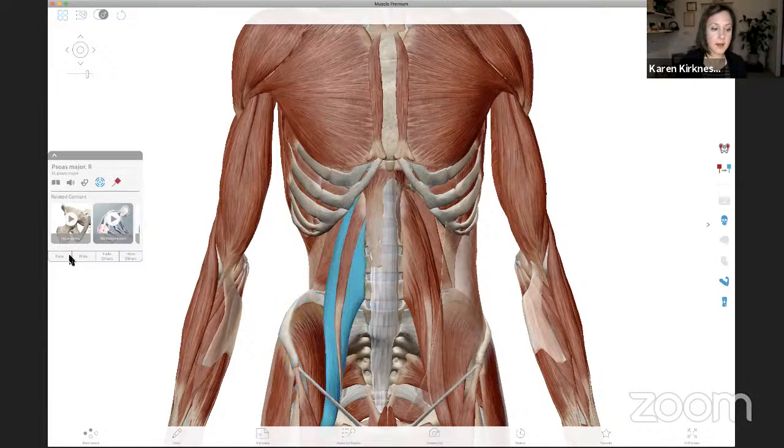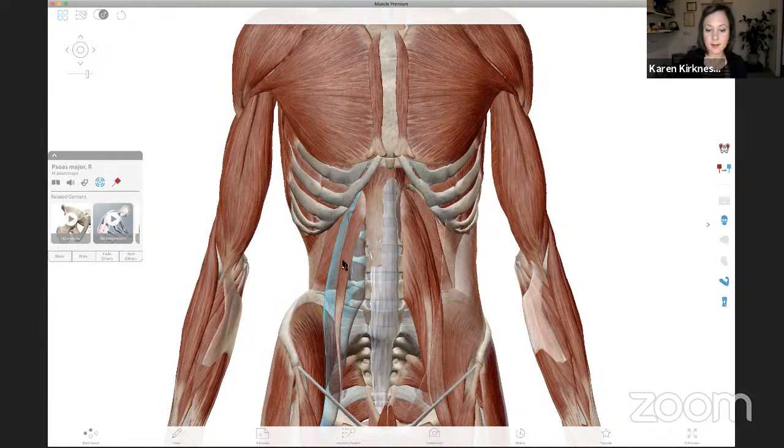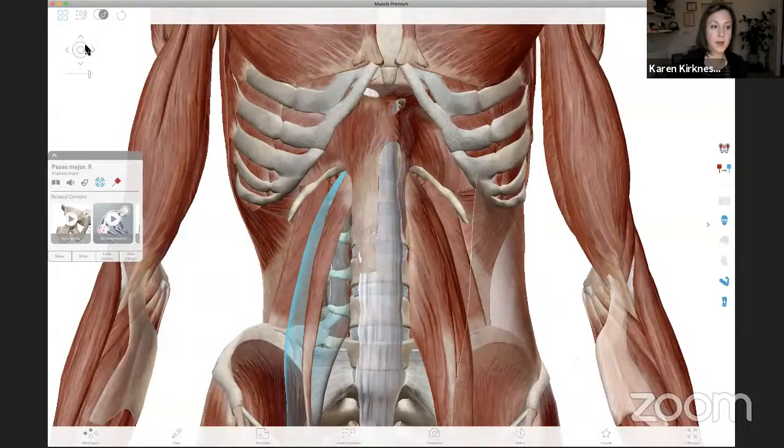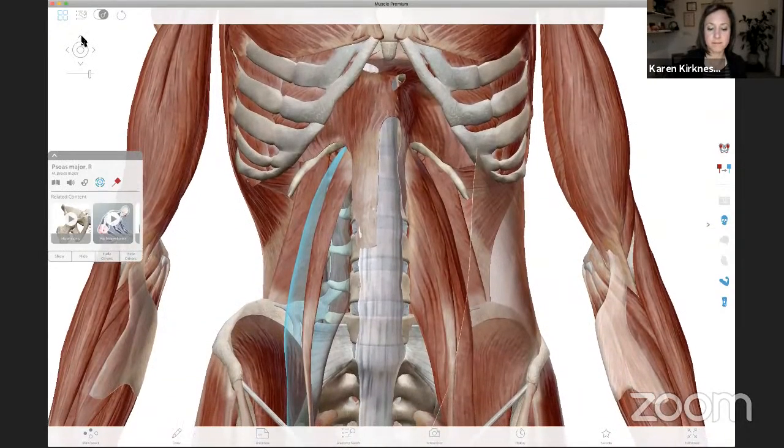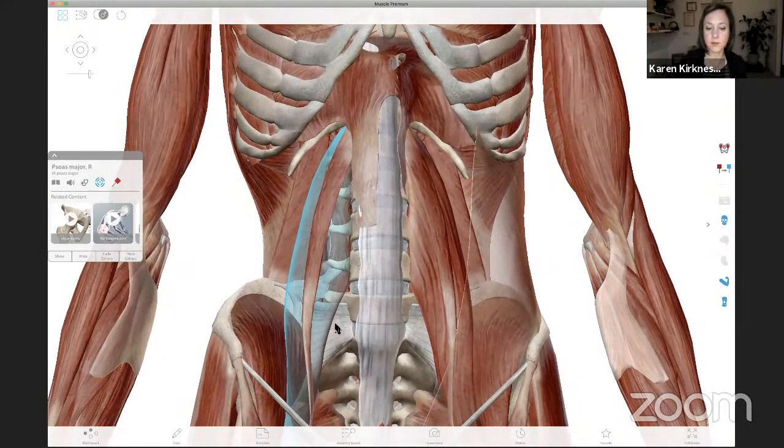So if I fade that, you can see behind the psoas, we've got some of the bony landmarks. So it officially kind of ends along here where the ilia begin, and the sacral promontory. So all of this will be the posterior abdominal wall, the inside of the backside.